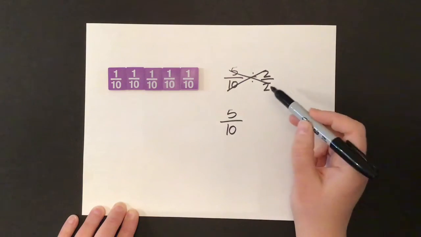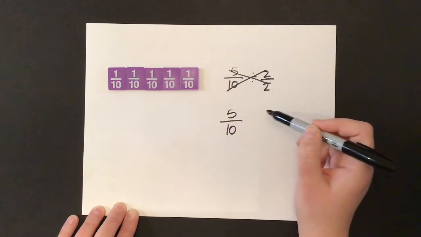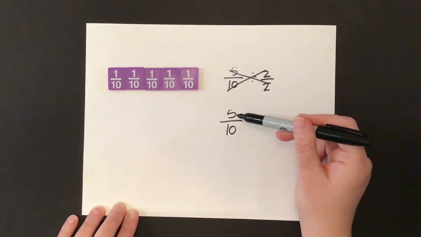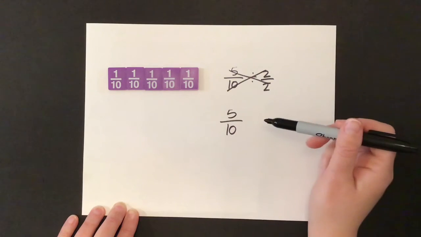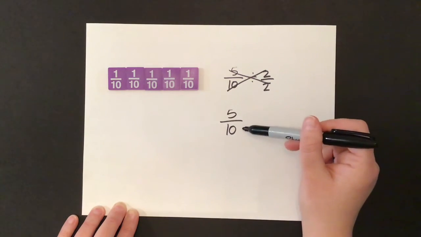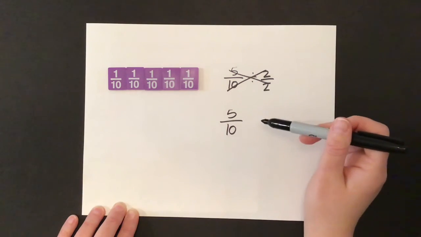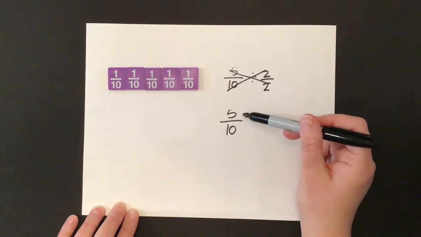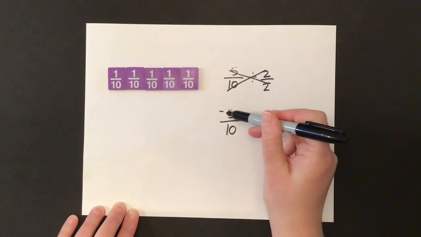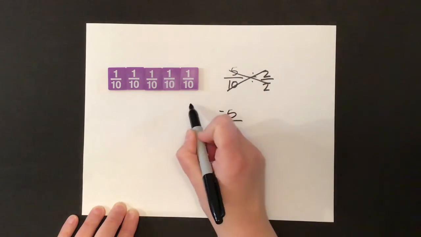When 2 won't work, we have to be able to find another number. One strategy is to think of the factors of 5, think of the factors of 10, and find a number that's a factor for both 5 and 10. This is called finding a common factor. And we usually just make a list of the factors. You can make a T-chart.